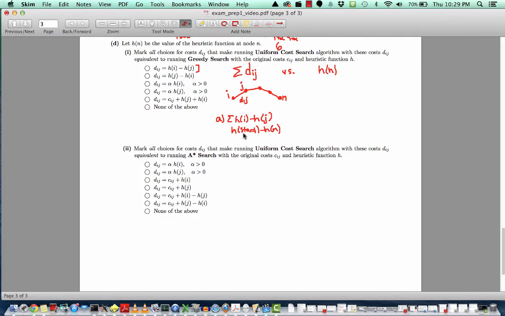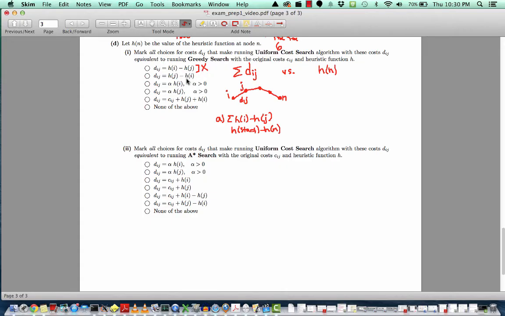Note that if we compare this value, which is how uniform cost search is determining what to pull off the fringe, versus what greedy search is using, this is actually the negative of what greedy search is using plus some constant h of start, which is the first node in your search tree. So in this case, it's actually going to pull nodes off of the fringe in the reverse order that greedy search would use. Uniform cost search is going to be doing the reverse. So they're not equivalent in this case.